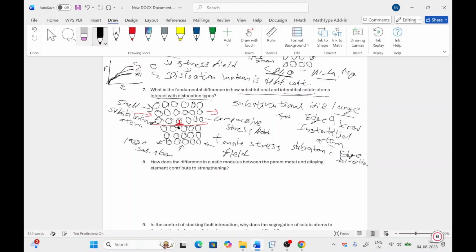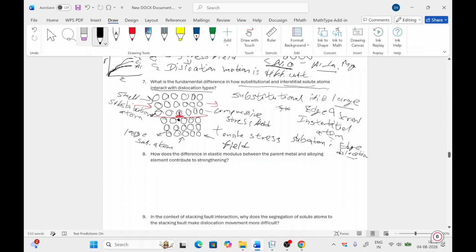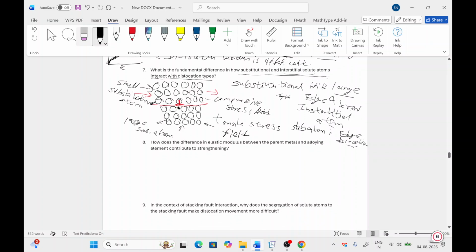It can interact with screw dislocation also, but most of the events we see for substitutional atom interaction are with the edge dislocation because of its large radius, comparable with the solvent atom. It is a little confusing, but you will understand with time.